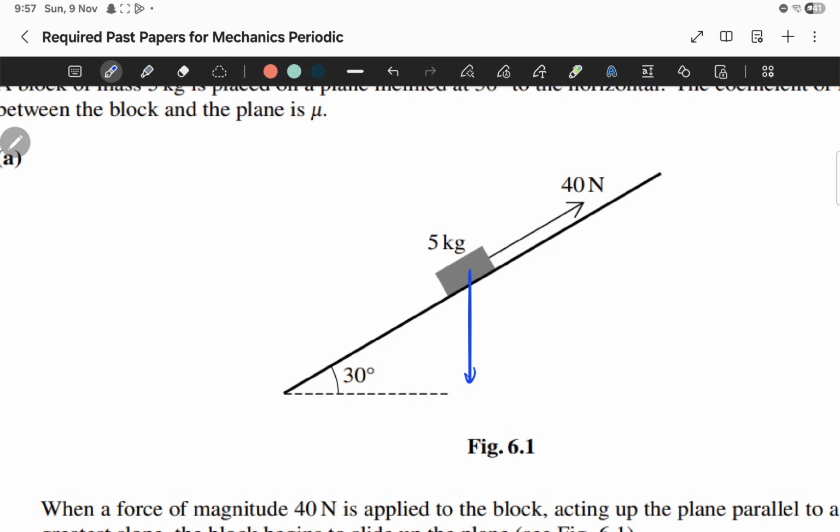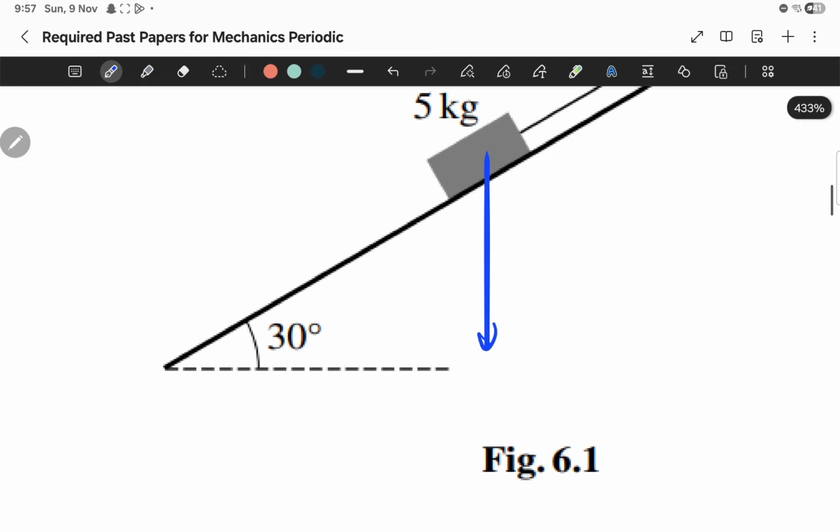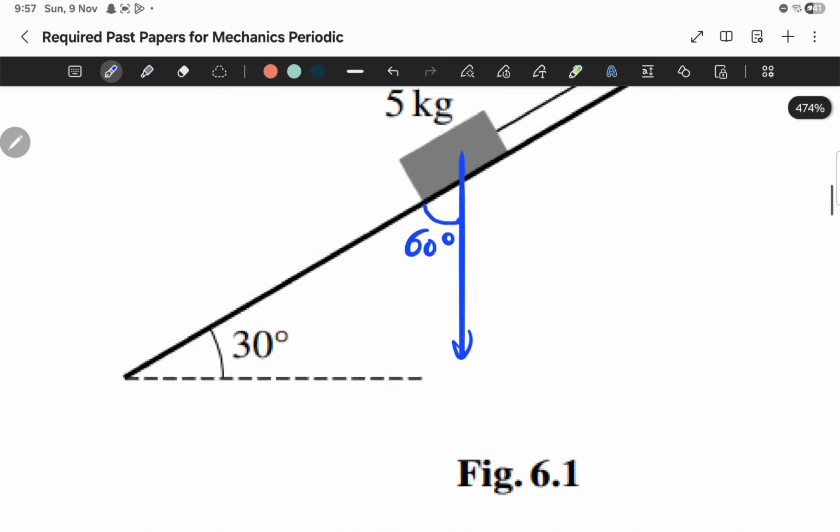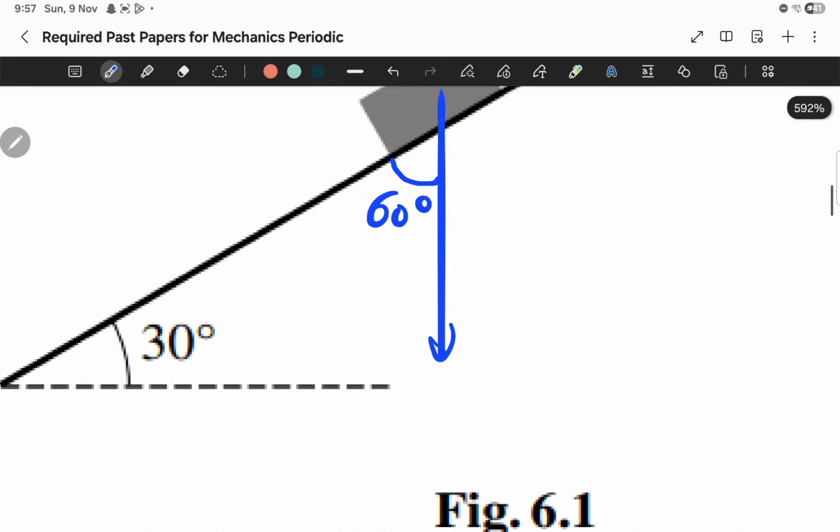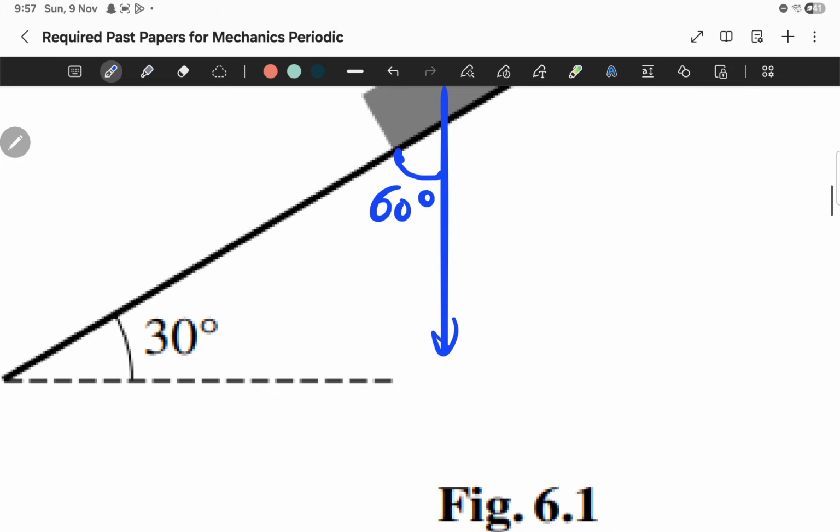Technically the formula is still the same. If we put this angle here, this makes a 90-degree triangle. So what is this going to be? 90 minus 30 is 60. So this is 60 degrees, and you can use this angle and say Wy is equal to mg sine theta.